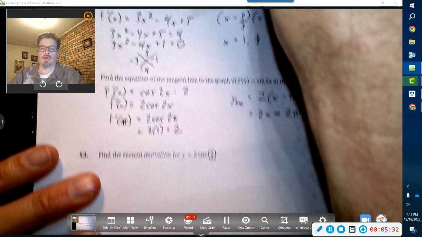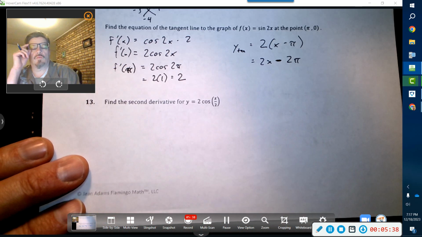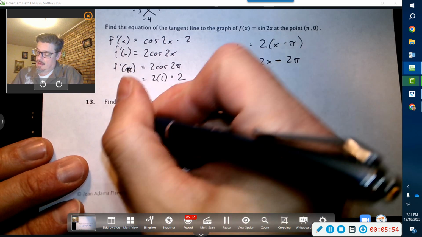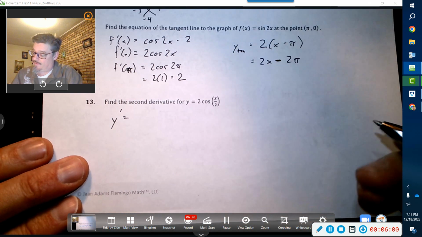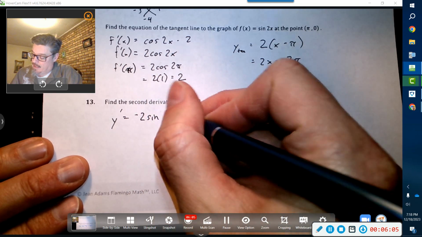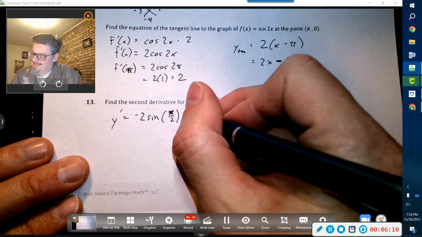Okay. All right, so now we're going to take the second derivative of this guy. I see y equals... we don't actually have to worry about implicit differentiation because y is by itself. So that's great. The first derivative would be the derivative of the outside, so that's negative 2 sine of x over 2 times 1/2.